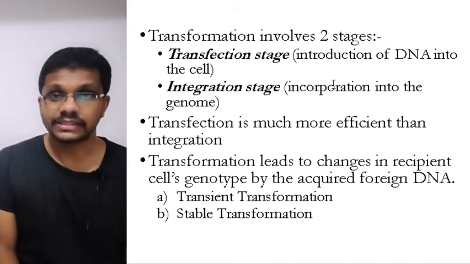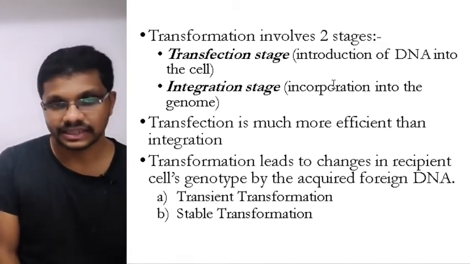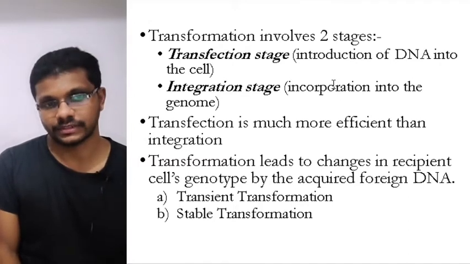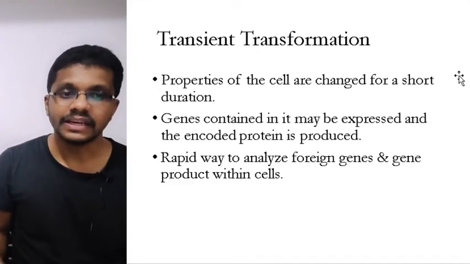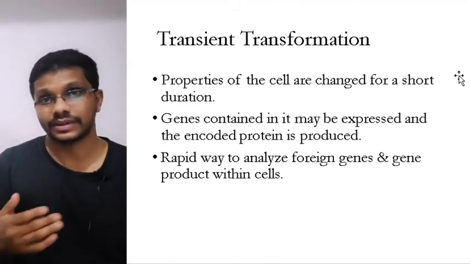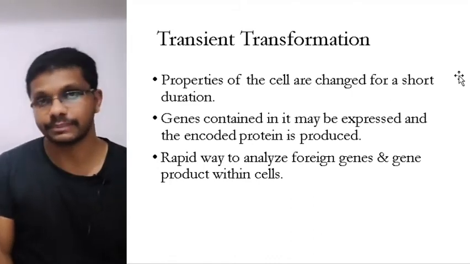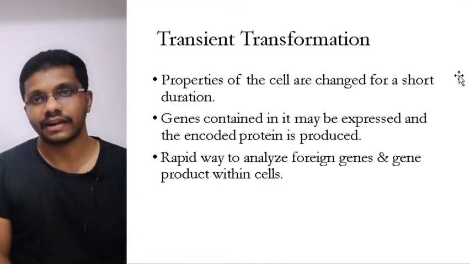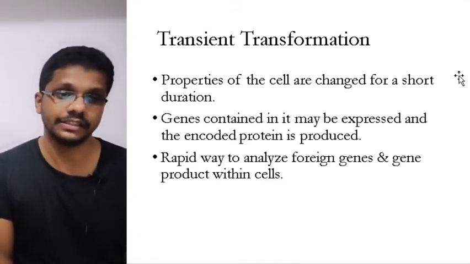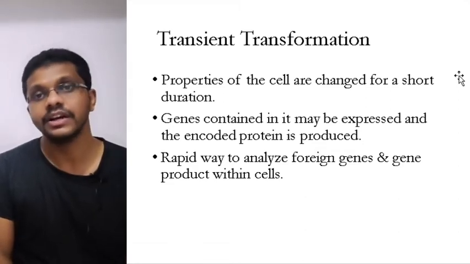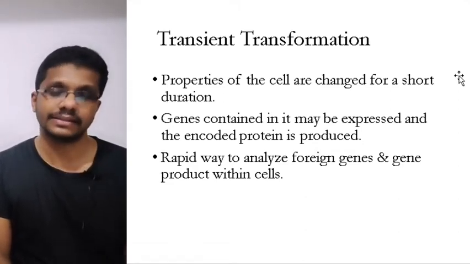And this transformation can be of two different types: transient transformation and stable transformation. In the transient transformation, as the name implies, it will cause only a transient or temporary change in the properties of the cell. After that period, the cells will not have any effect. The transferred DNA does not have long-lasting effects in the cells.